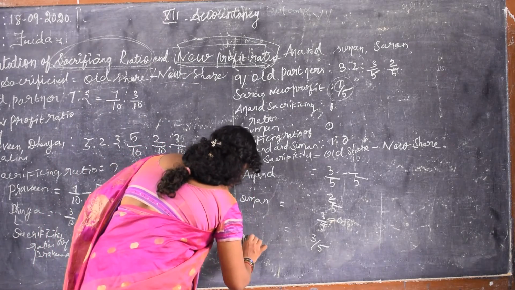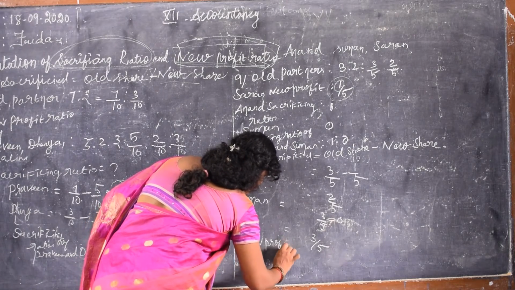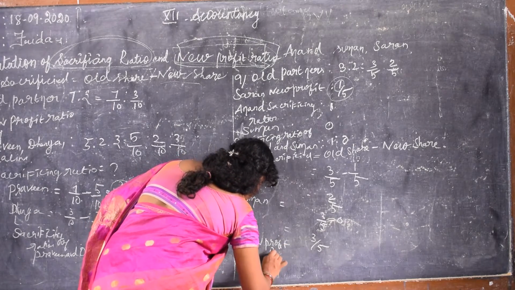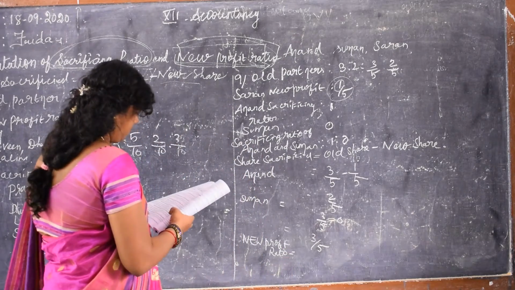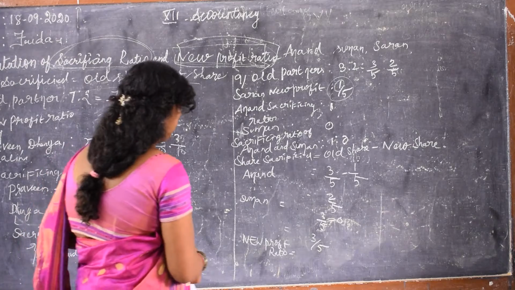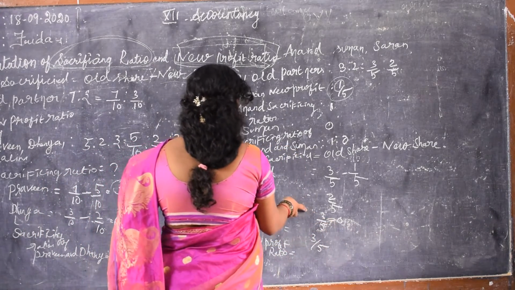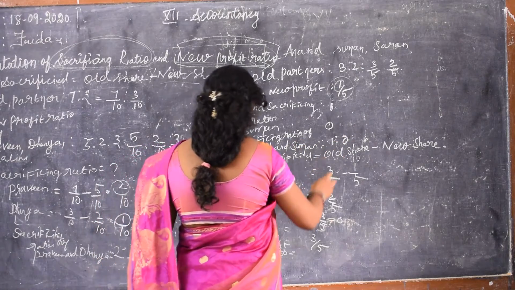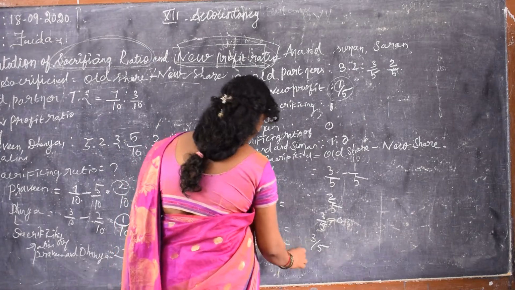New profit sharing ratio is equal to, so the sacrificing ratio is 1:0, so new profit ratio, 2/5.